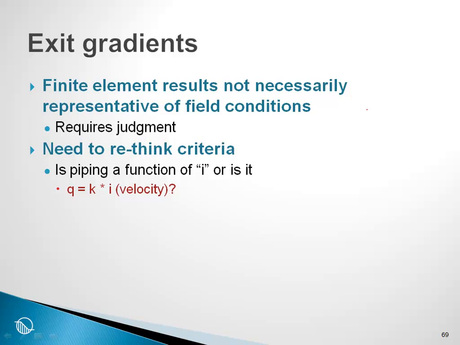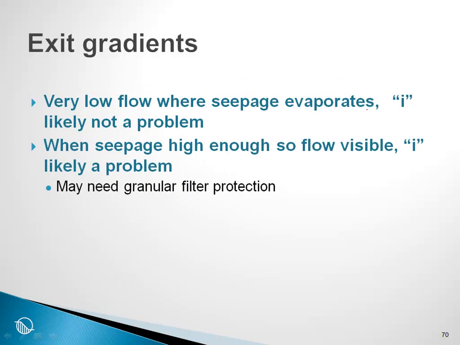And the question isn't necessarily just gradient. It is also specific discharge, or in other words, velocity. For example, if the seepage were so low that the amount of water coming to the surface in essence disappears through evaporation, then even if the gradient was quite high, it may not be a problem.